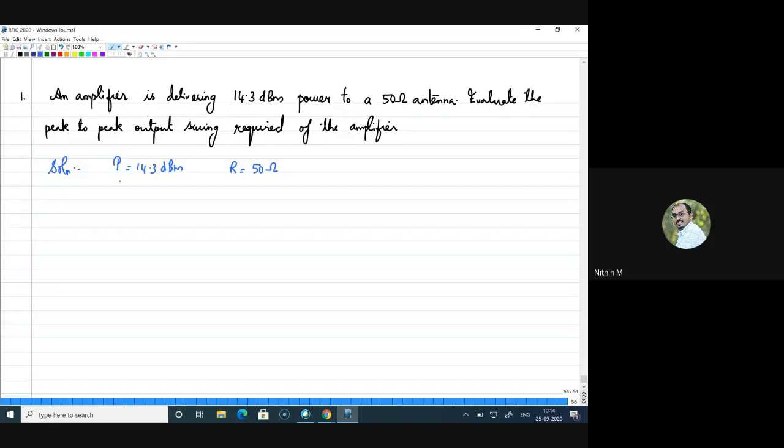So what you have to do is, from the power, this is 14.3 dBm. This can be equated to 10 log of power in watts divided by 1 milliwatt. From this you will get the power. What is the power value?